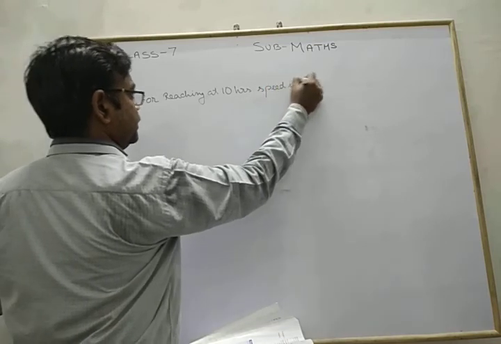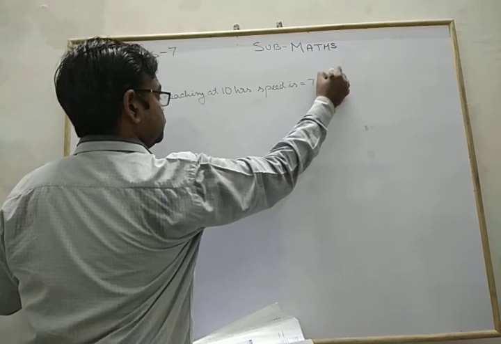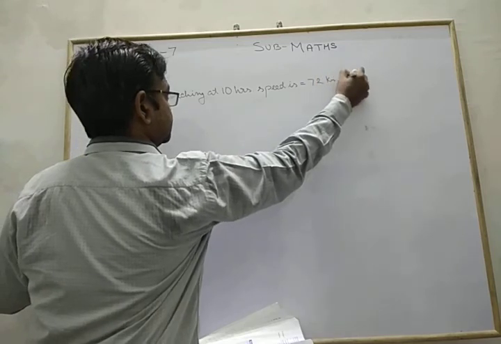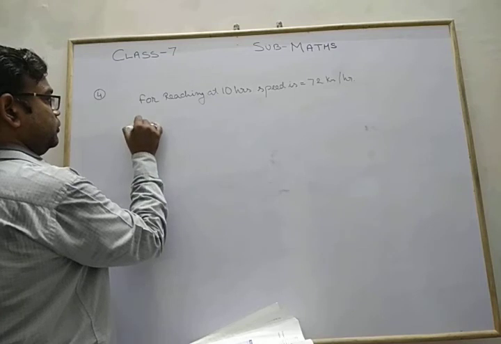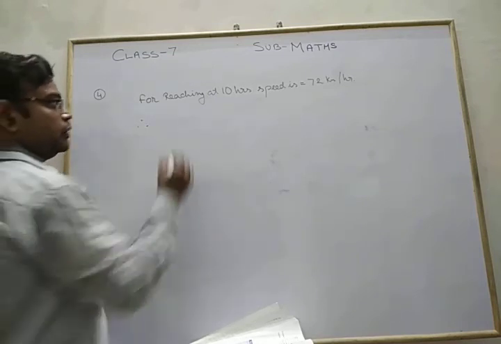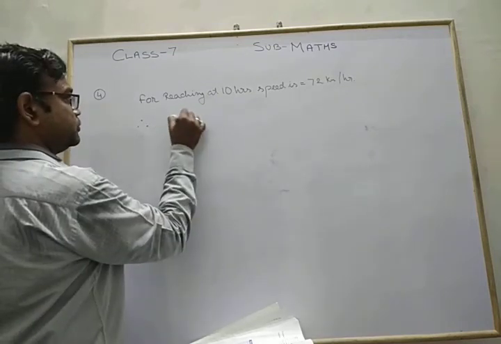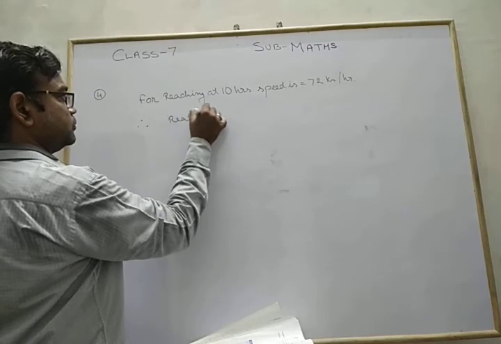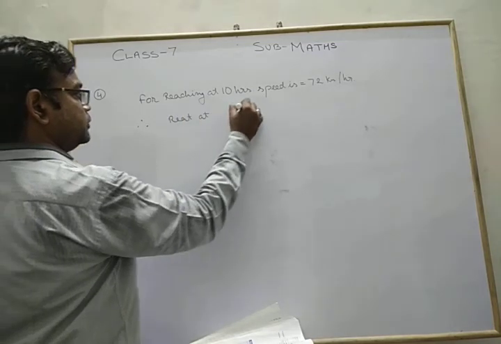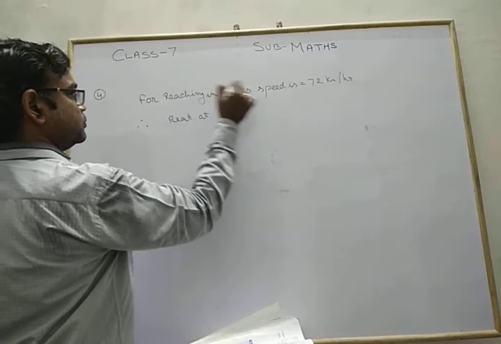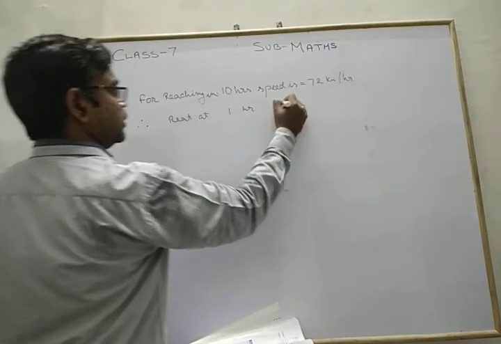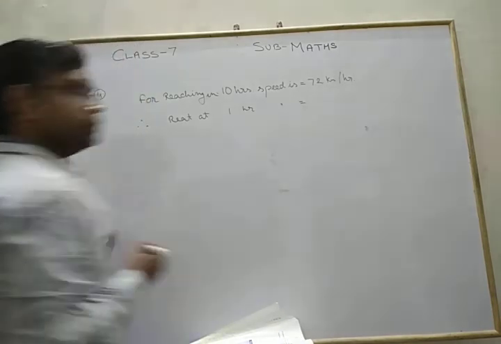The speed is 72 km per hour. Now, we are using the unitary method. Therefore, for reaching in 1 hour, the speed must be greater.